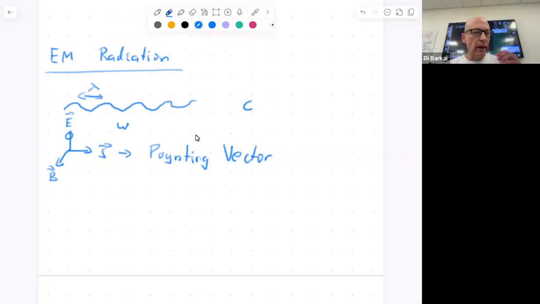Okay, so let me explain the general scheme of radiation. What is the general question? The question is, how do we create these waves? We saw that these are mathematical solutions of the Maxwell equations, but this doesn't say anything really about the creation of these waves. So this is done today.